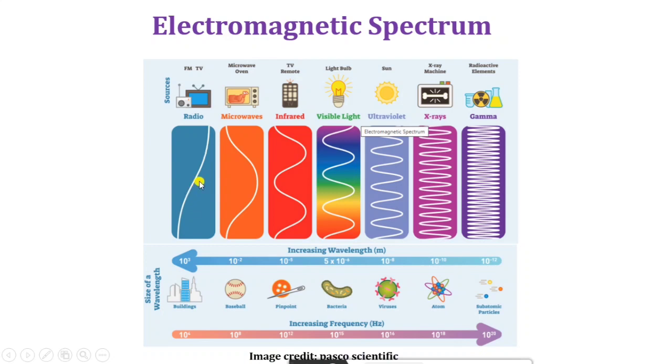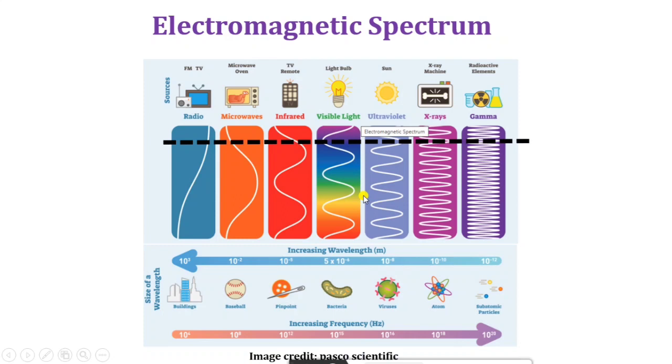So from radio waves, if the frequency is increasing or the wavelength is decreasing, then come the microwaves, followed by the infrared, visible light, ultraviolet, X-rays, gamma rays. So from left to right, you can see the wavelength is decreasing or the frequency is increasing.